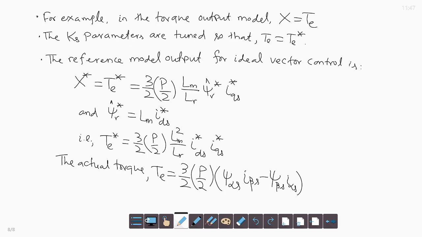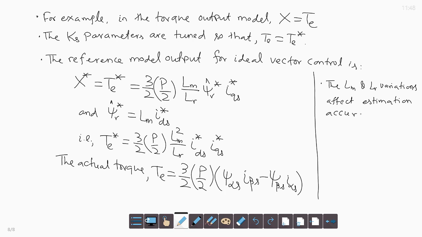And in this control, let us discuss the issues involved. So, there are certain challenges. The Lm and Lr variation affects the estimation accuracy of the reference output x star.